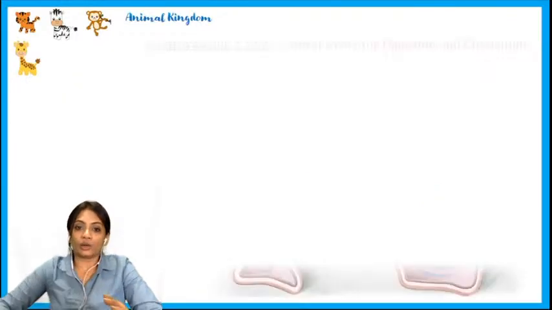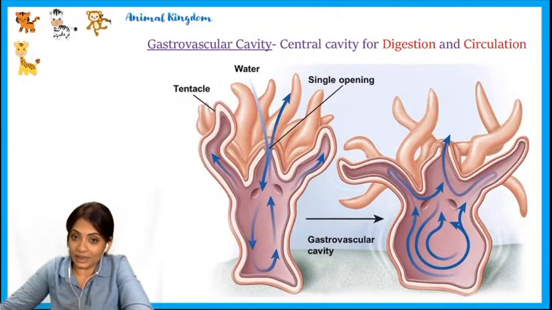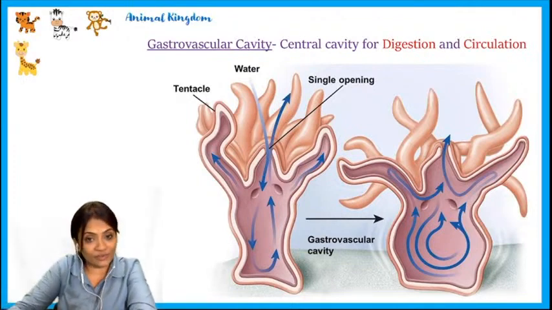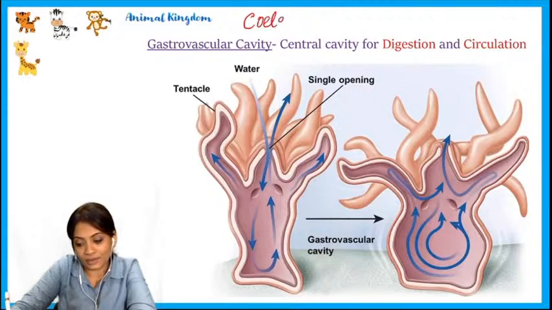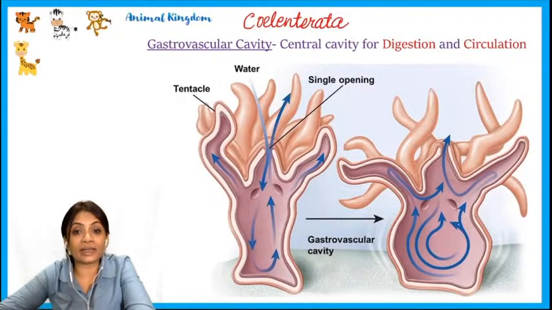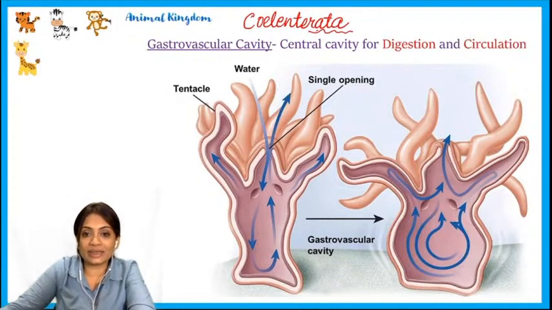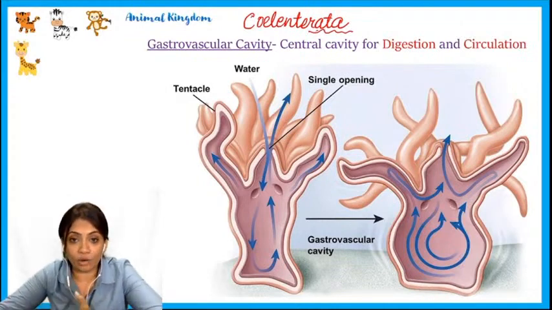Alright, okay, let's continue. Do you remember that instead of Cnidaria, previously we used to call this phylum as Coelenterata? How was it spelled as? Coelenterata. Okay, now when I'm talking about Coelenterata, let's break up this word. Okay, whenever you have the word ATA, ATA always means having or bearing.